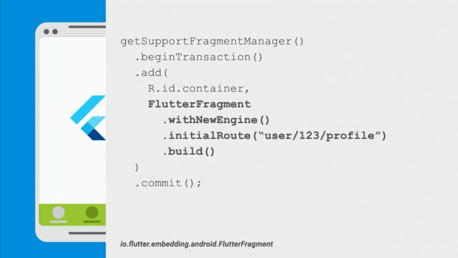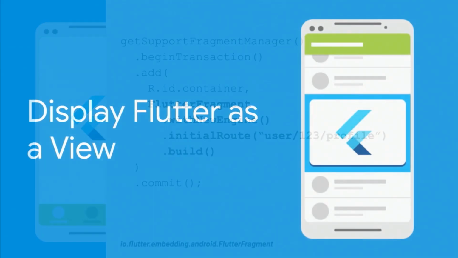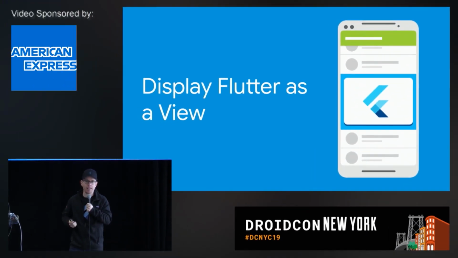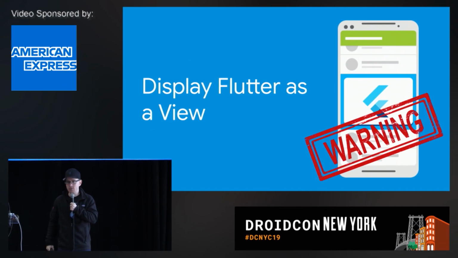So now you're saying, okay, but our company doesn't use fragments, we don't like fragments. I hear you. The only option left for you is Flutter as a view. And frankly, the only thing I'm here to tell you about that today is to warn you that you probably don't want to do that. So there is a FlutterView, and you can use it. In fact, FlutterActivity and FlutterFragment both use FlutterView.